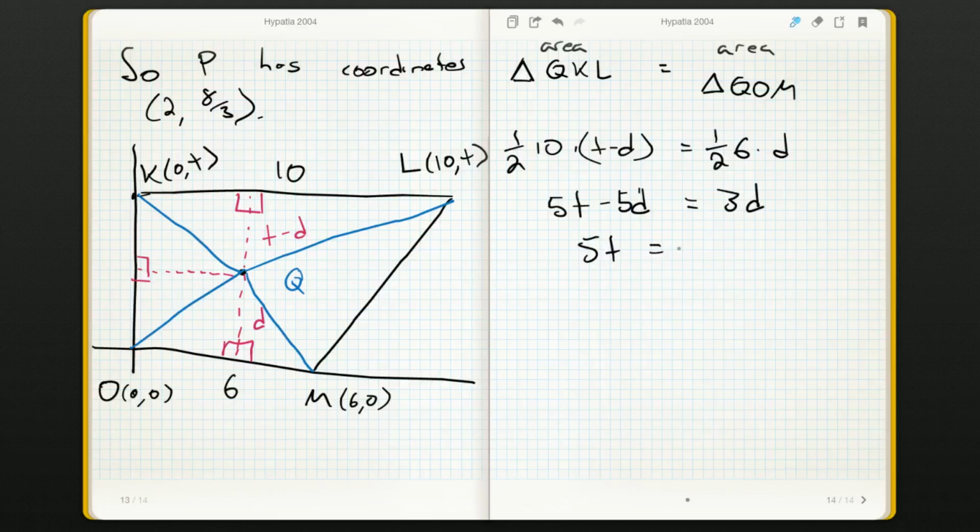So 5T is going to be equal to 8D. Interesting. Don't know where that gets us right now, but 5T is 8D.